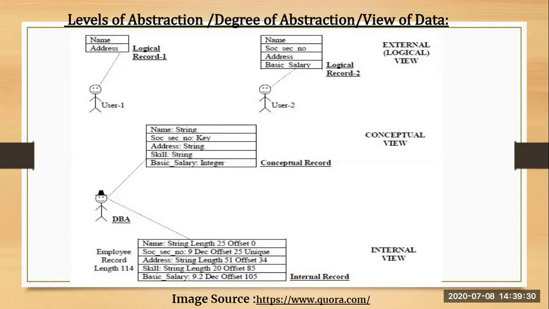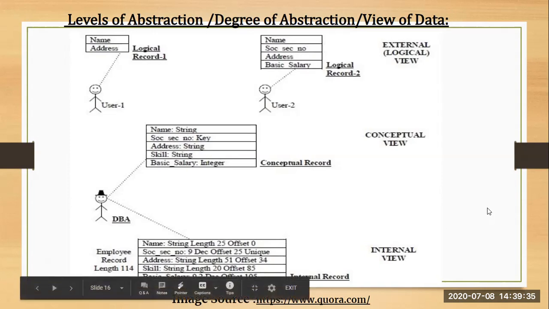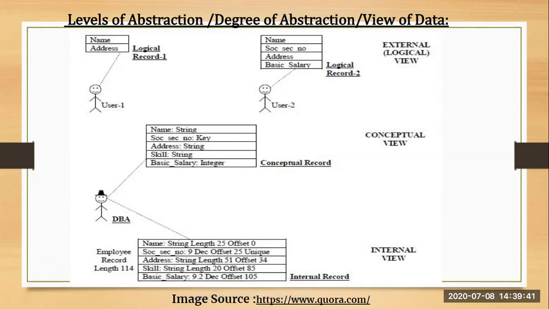So when we talk about the physical level, it describes the physical storage structure of data in databases. At times it is also referred to as the internal level. This level is very close to your physical storage of data. So wherever your data is stored physically, that is referred to as your physical level.